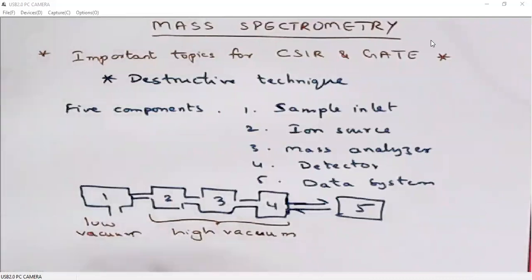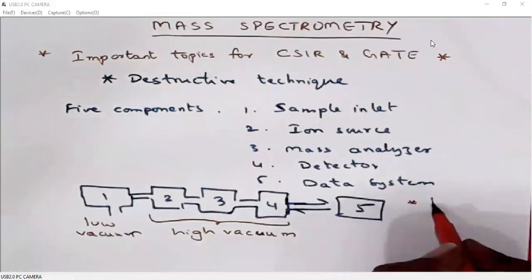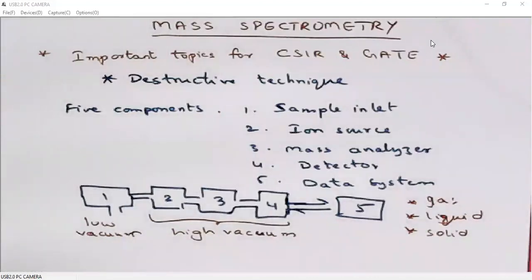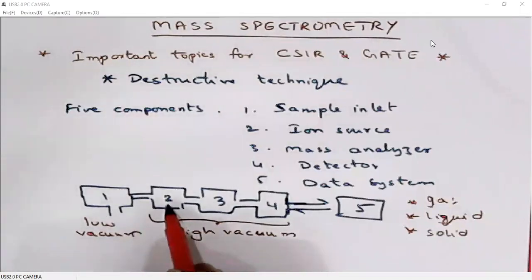So what we will do, we will inject the sample here. Generally, we can analyze gas samples, liquid samples, or solid samples using a mass spectrometer. Mostly a mass spectrometer is used to identify organic and biological molecules, polymers. We will inject the sample here, then it will be vaporized, then it will be ionized.